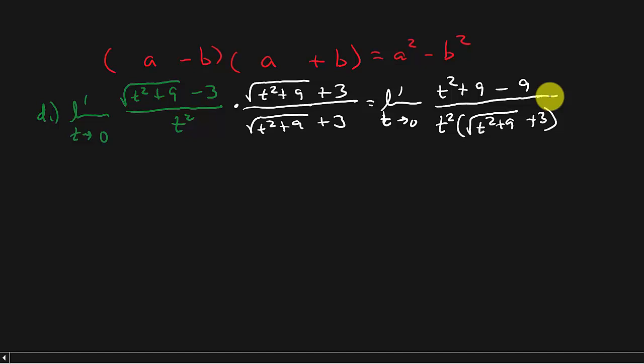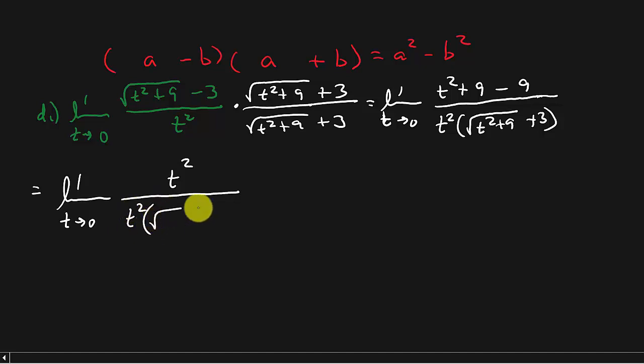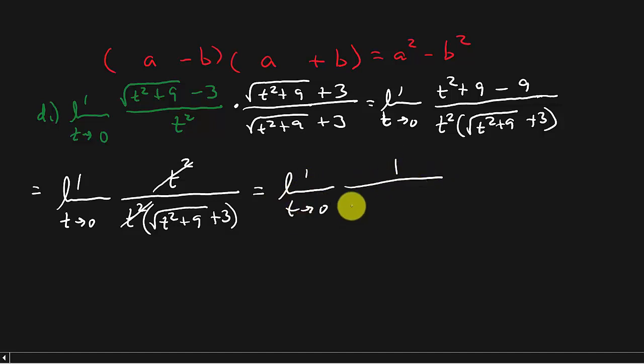All right, so the 9's cancel out. So that's the limit as t goes to 0 of t squared over t squared times the square root of t squared plus 9 plus 3. And then you can see here the t squareds cancel out. So that's the limit as t goes to 0 of 1 over the square root of t squared plus 9 plus 3.